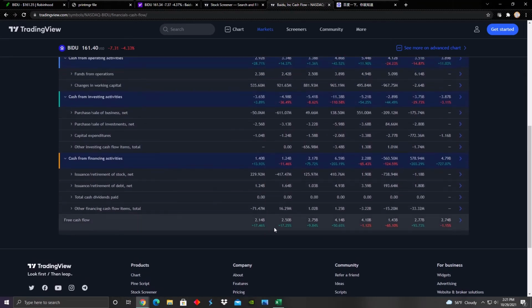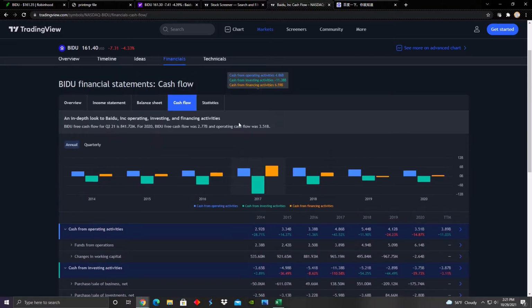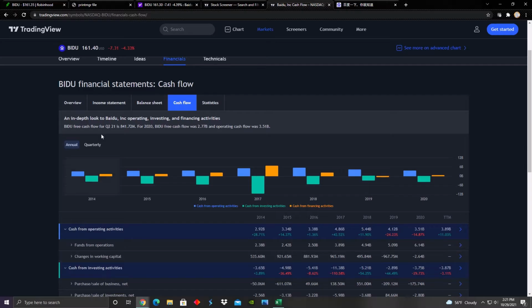Their free cash flows over the years, they've grown from 2014 to 2017, but then dropped in 2018 and 2019 and went back up in 2020. So there are a lot of assumptions that go into a discounted cash flows model. It's not fully comprehensive, it's not perfect, but it is a tool that we can use as a reference whenever we're doing an intrinsic value analysis.